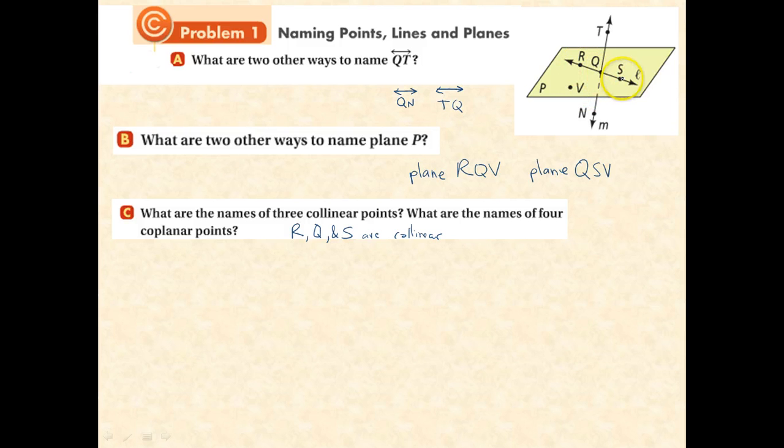R, Q, S, and V are all coplanar because they're all on the same plane. They're all on plane P. We can't say that R, Q, S, V, and T are all coplanar because they're not all on one plane.